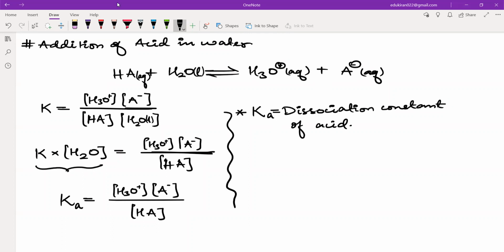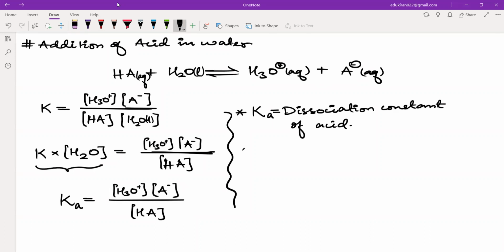Now, if I have a strong acid, then obviously the H3O plus concentration will be high because most of the acid will be getting dissociated. It will be liberating H plus ions and A negative ions. And if the H plus ions and A negative ions are higher and the undissociated acid is very low in quantity, that means most of the acid is getting dissociated. It means that the Ka will be high.